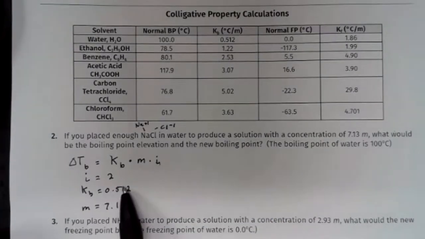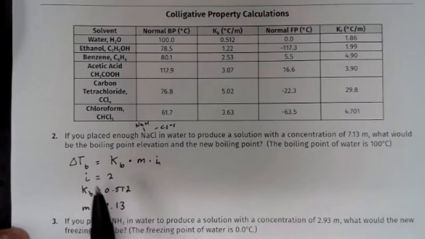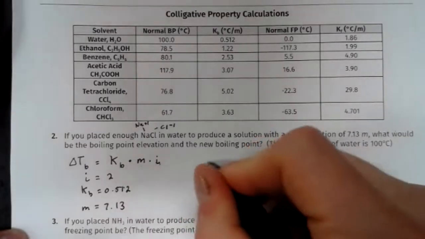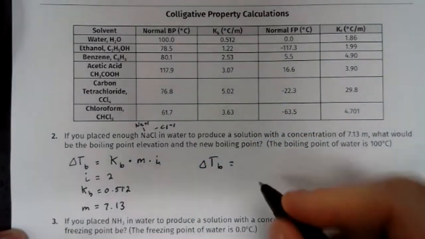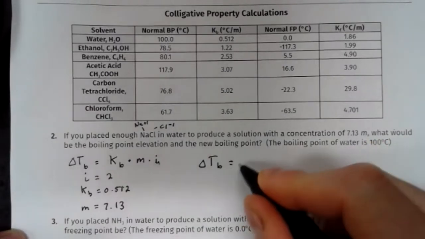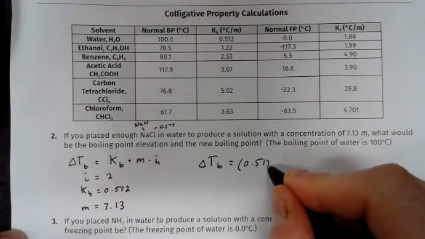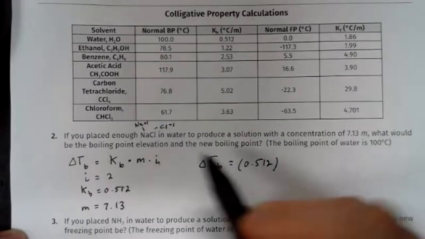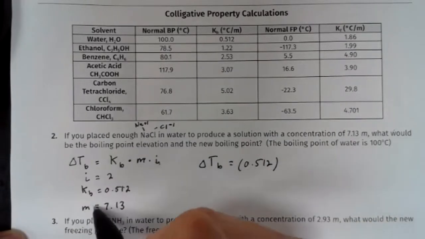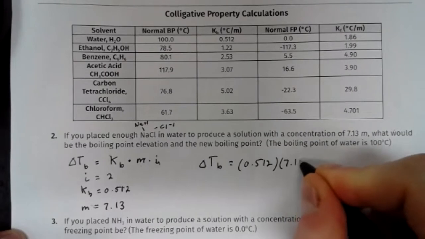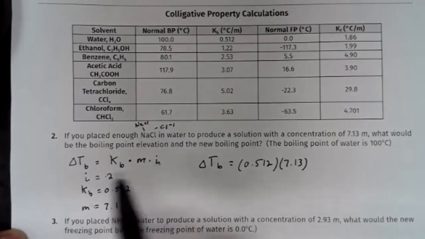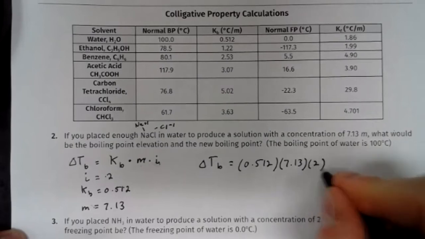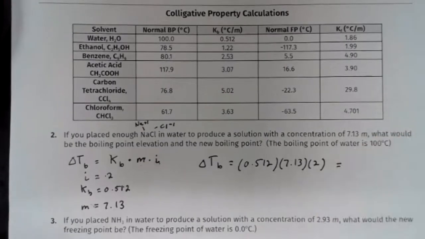So we have a Kb, we have a concentration, or m, and then we have an i, which is 2. When I want to solve for delta T of boiling, my change in boiling point temperature, I'm going to take the 0.512 value and multiply it by my m, which was given as 7.13. Then I'm going to multiply that by the i, my number 2, for the number of particles produced.